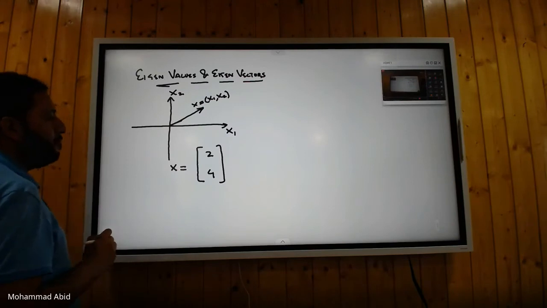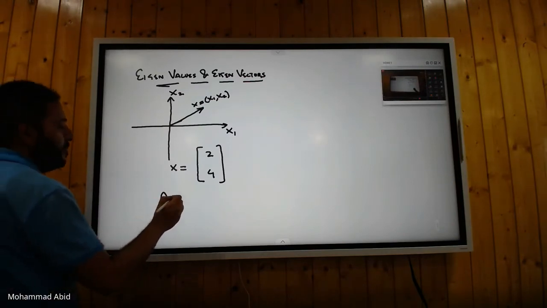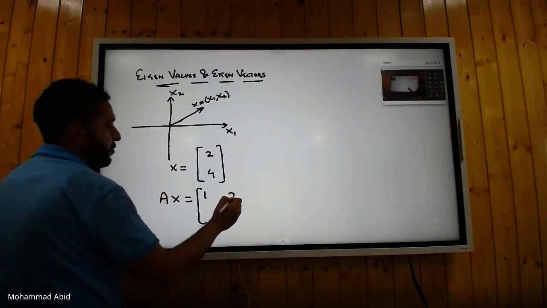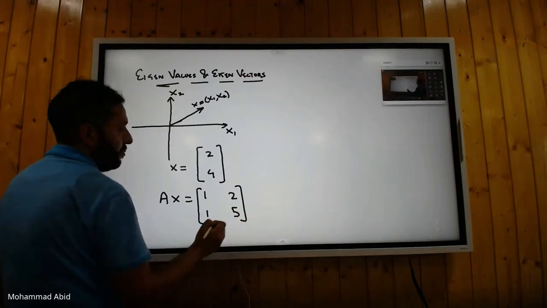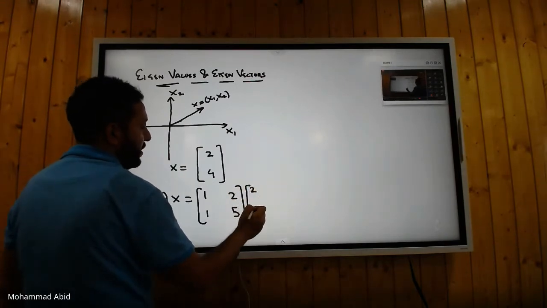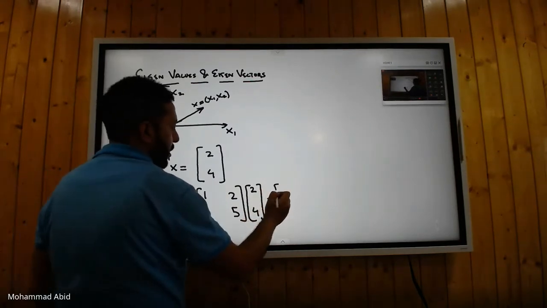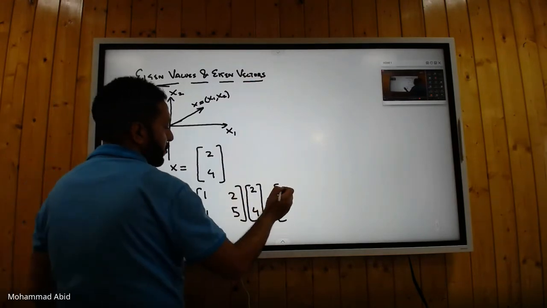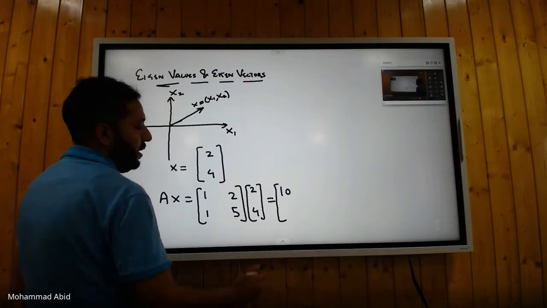If you perform an operation Ax on this vector, where A is a matrix of size 2 cross 2, let's say 1, 2, 1 and 5 as an example, and you multiply this matrix with this vector 2, 4, what do you get? You actually get 2 plus 8, that means you get 10 here, and 2 plus 20 is 22.